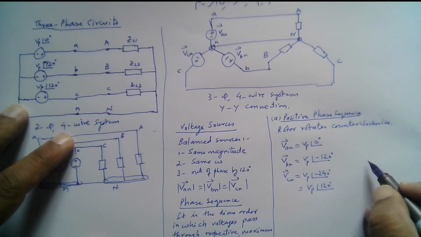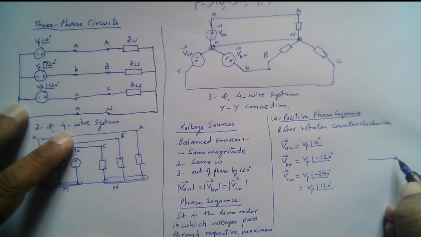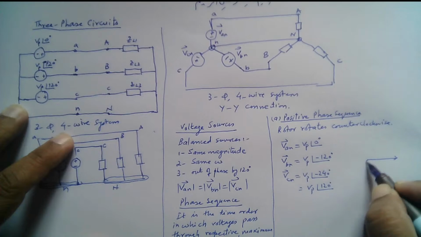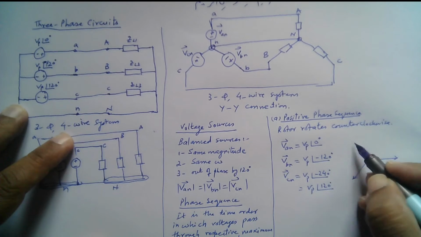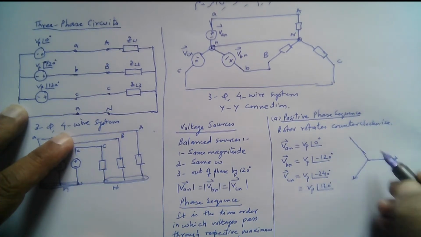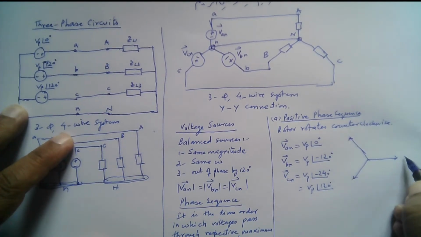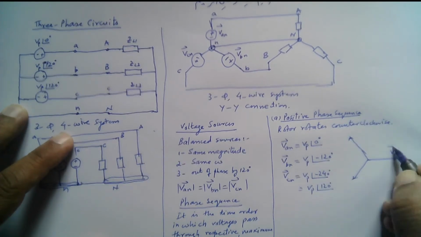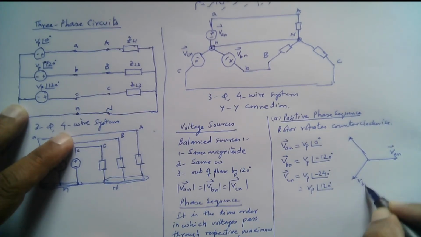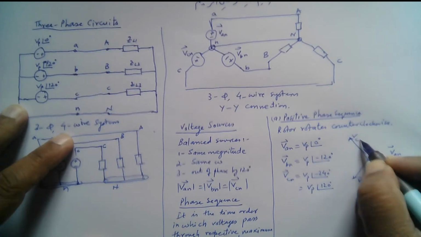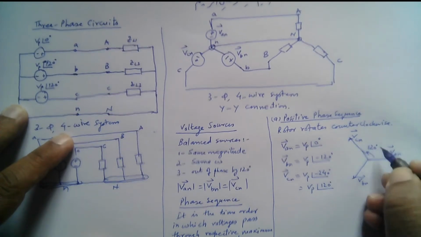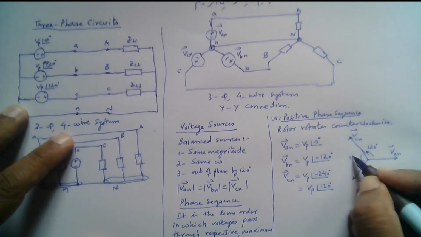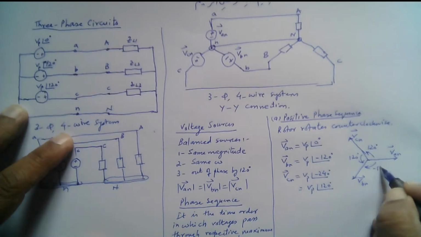Then if we draw a phasor diagram for this, for example, this is VAN, this is VBN, and this is VCN, and you see the phase difference is 120 degrees between them.